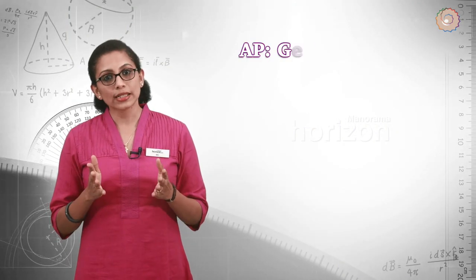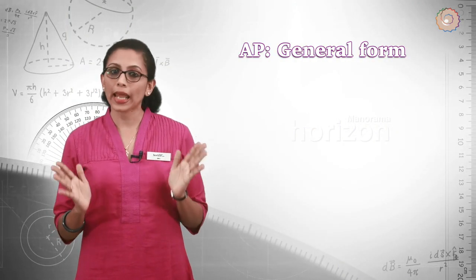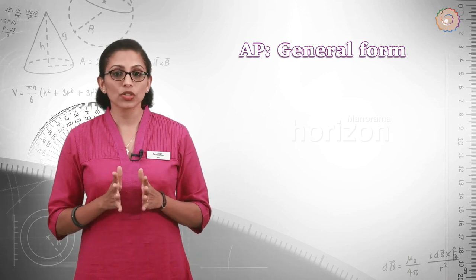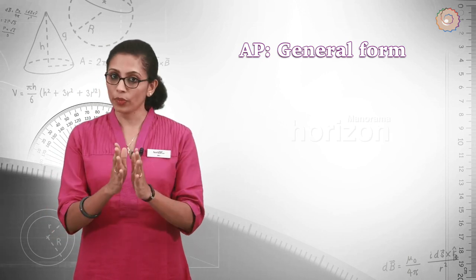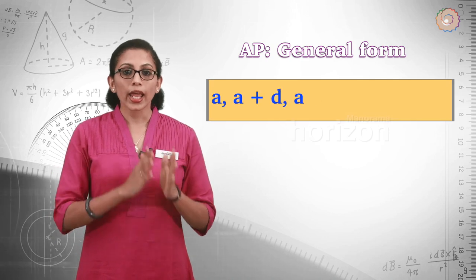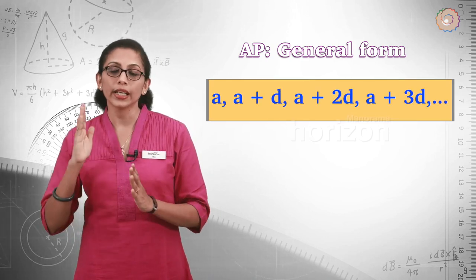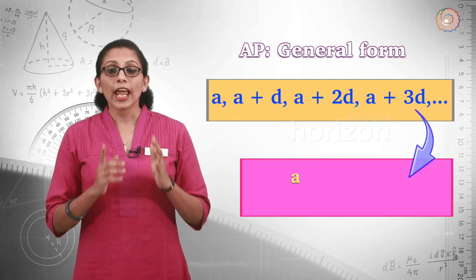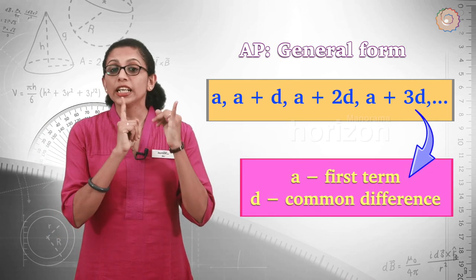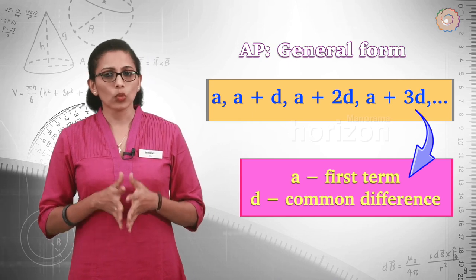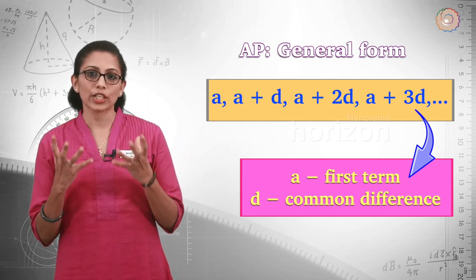Next, we will discuss the general form of an AP. The general form of an AP can be written in terms of first term and common difference as A, A plus D, A plus 2D, A plus 3D and so on, where A is the first term, D is the common difference. To know about an AP, what is the minimum information that you need?